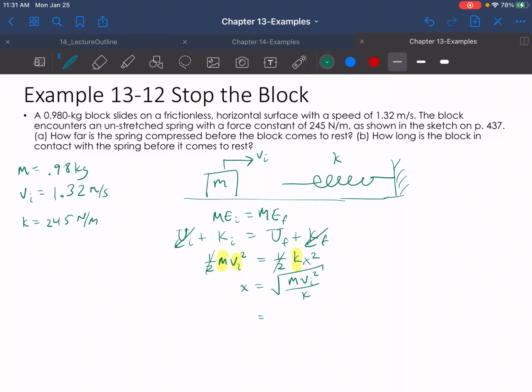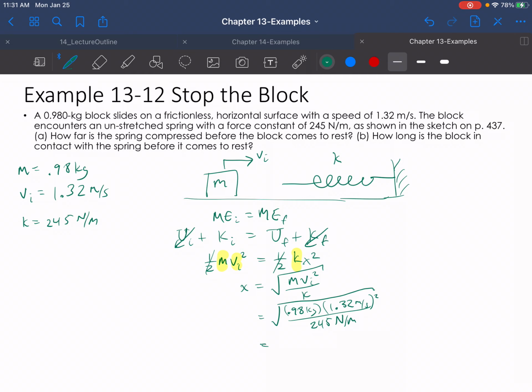So we get the square root of m, which is 0.98 kilograms, times 1.32 meters per second, and that whole thing is squared, all divided by 245 newtons per meter.